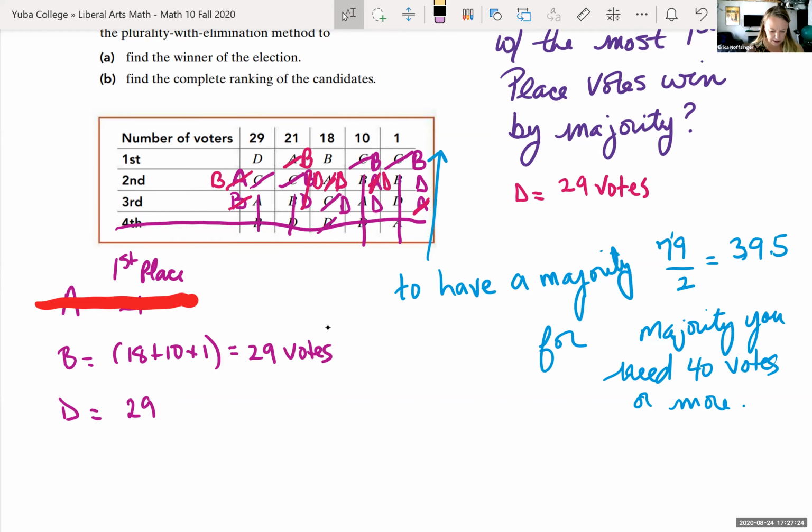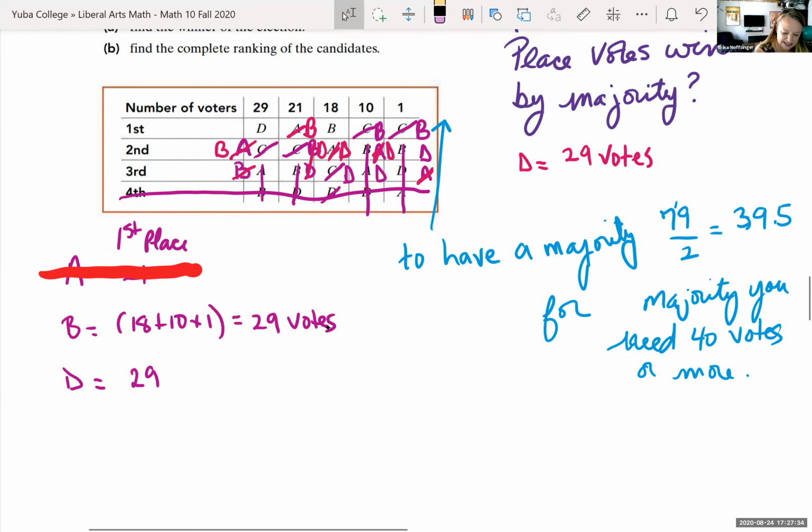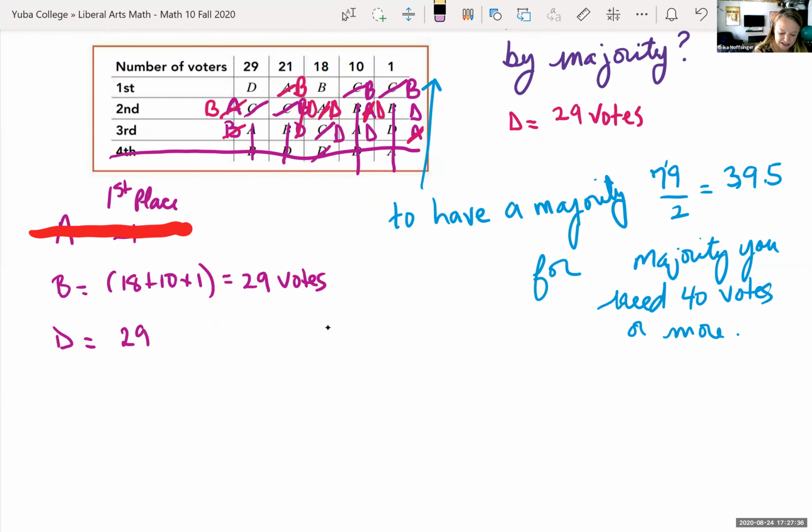Oops, wait a minute. Okay, so candidate D, they still have 29. But candidate B, when we did it, they have 29 plus 21.